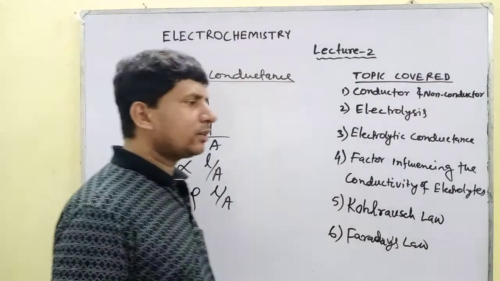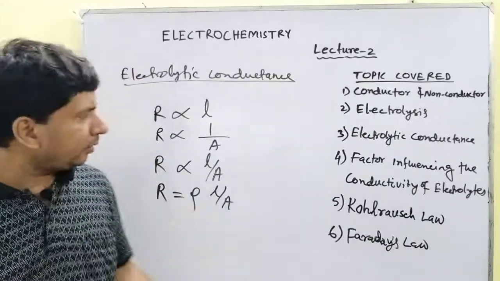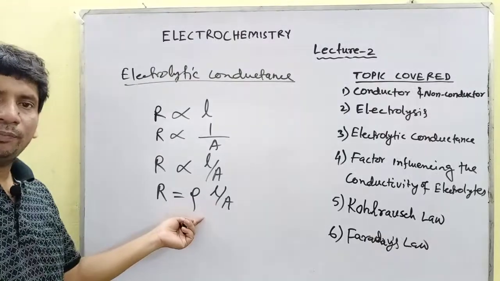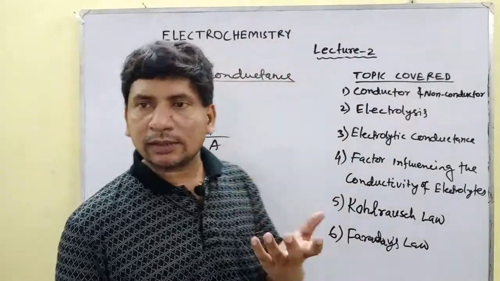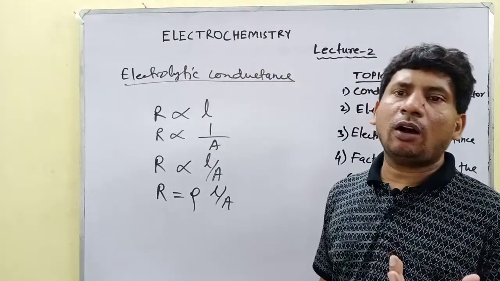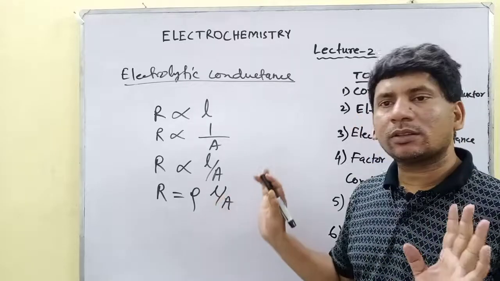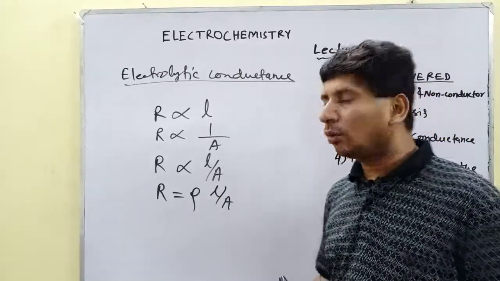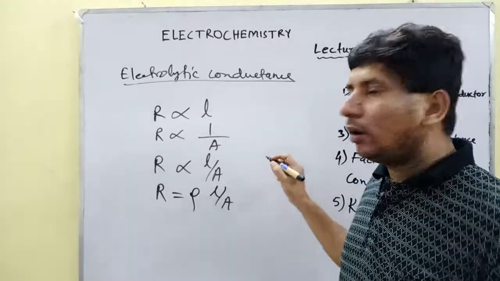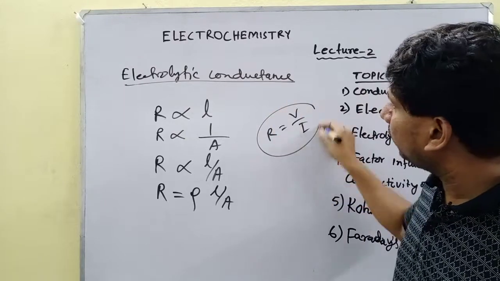And what is this? R is the resistance of the electrolytic solution and rho is the resistivity. Okay, clear? So what is this? The conductance of a conductor is equal to the reciprocal of the resistance. That means we know R equals V by I. What was that?